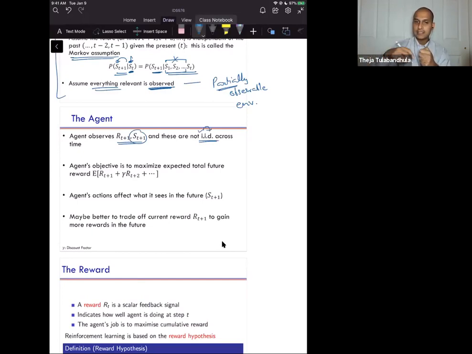The state S(t+1) is not independent of which state I was in at S(t). For example, if states represent moods of your user on an app, let's say Spotify, and my mood was happy in the previous interaction, then when I open the screen again the next minute, I'm probably still happy. So there's no independence of my state from t to t+1. That's what I mean by not IID.